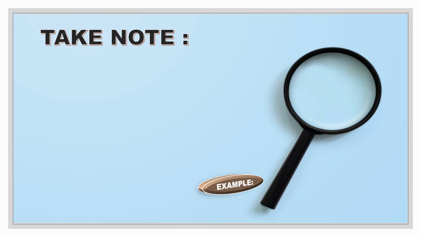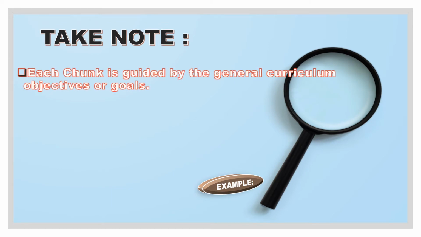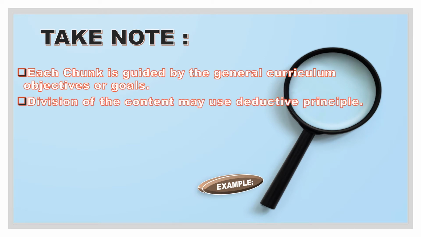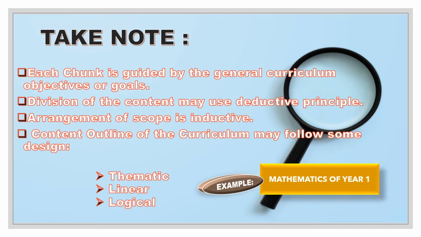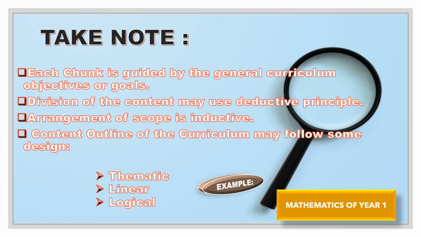Division of the content may use the deductive principle. Arrangement of scope is inductive. Content outline of the curriculum may follow sound design such as thematic, linear, and logical. For example, Mathematics of Year 1.